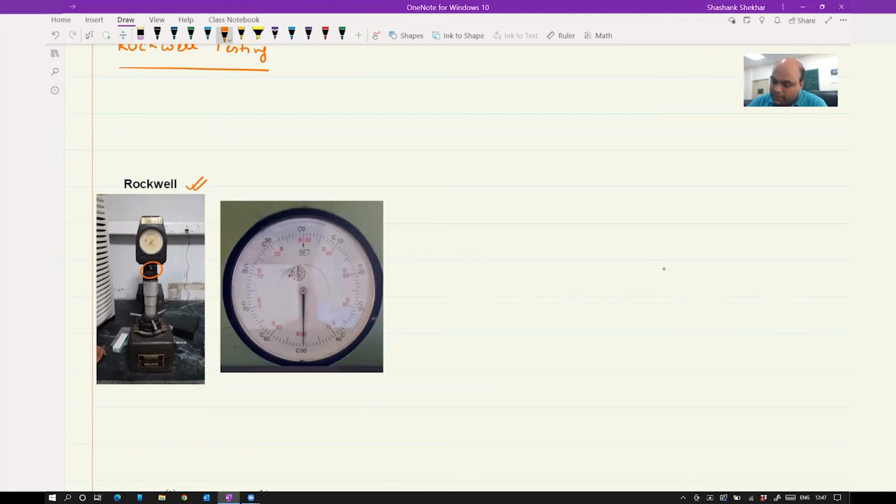Here, if you see the scale on the top in this image that I have magnified, you can see scale C here and B here. We'll discuss what B and C are, but B and C are the most famous scales in Rockwell hardness.